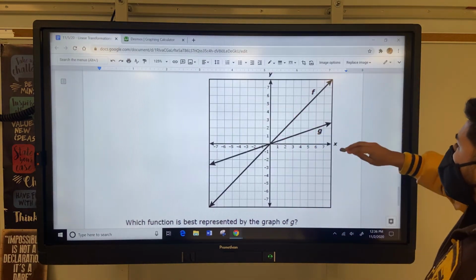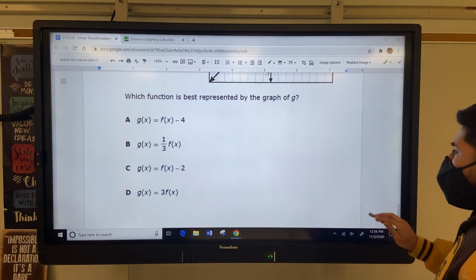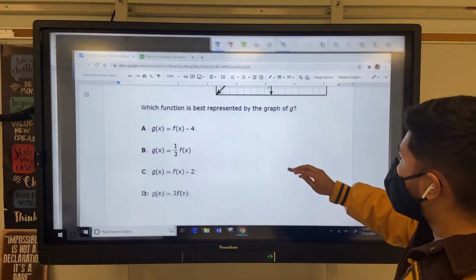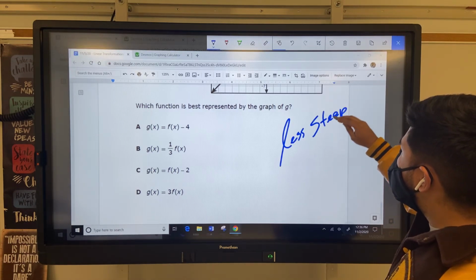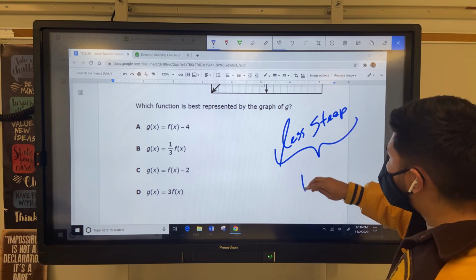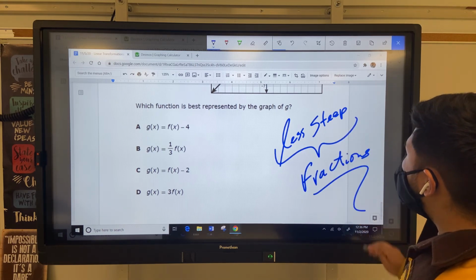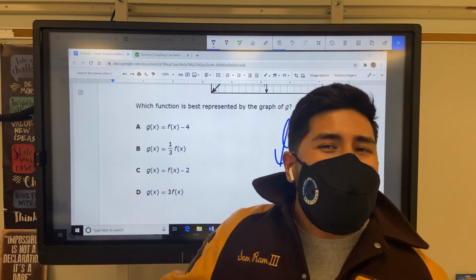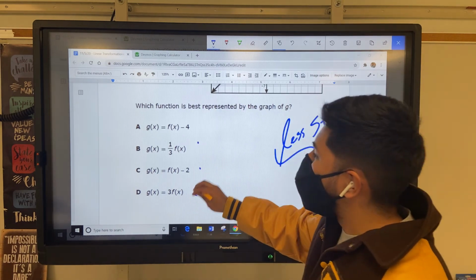Well, that means that it's less steep. So right away, if it's less steep, because we paid attention in our notes, I should also remember less steep means fractions. And if fractions is less steep and I look at my multiple choices, I don't even have to go to Desmos. I don't even have to check each one to see which one's which.